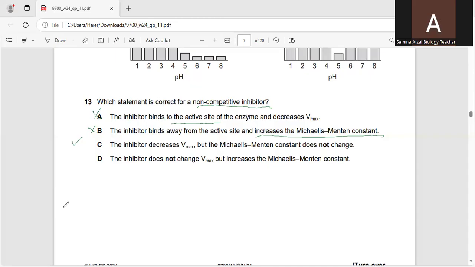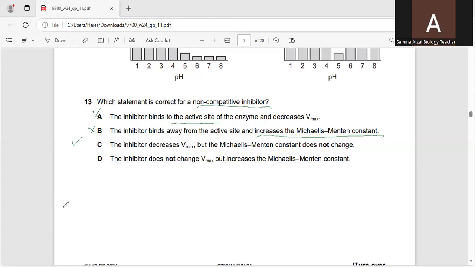Because it will change its shape, so the enzyme's activity will be reduced. But here you can see its Michaelis-Menten constant will remain the same. It will not change. So C can be the correct option.